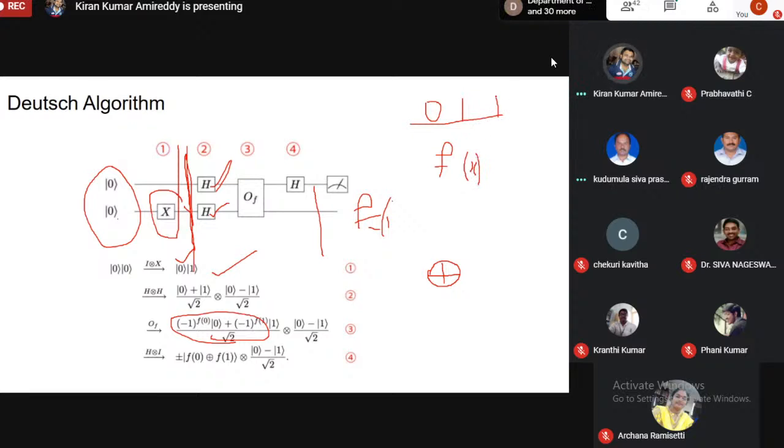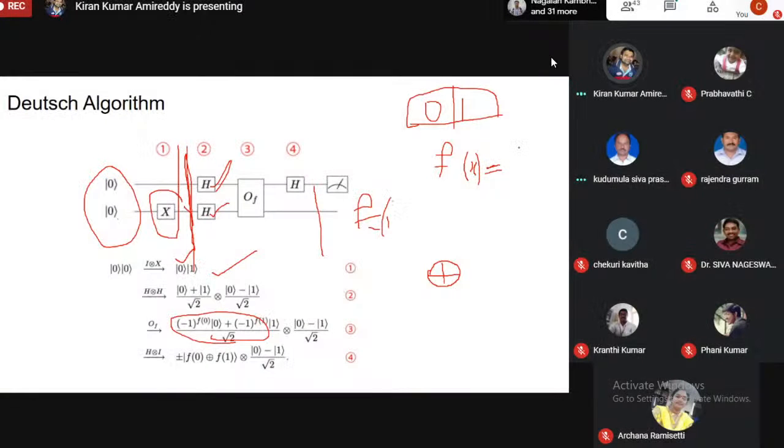Suppose the output is confirmed in this qubit, either 0 or 1, so we'll get our output only between these two. When we are performing one operation, we are expecting that answer is either yes or no, that kind of answer.